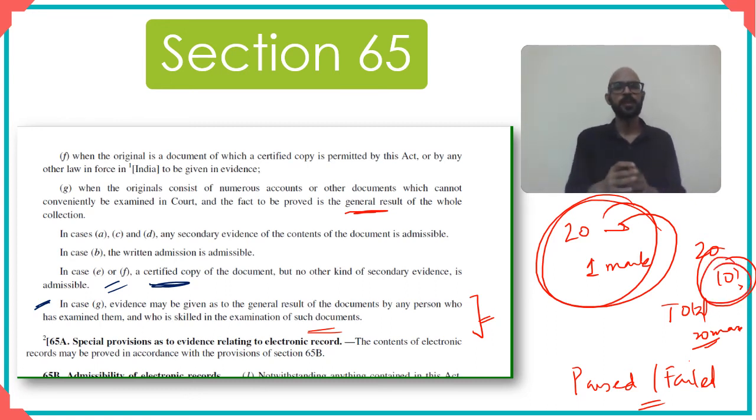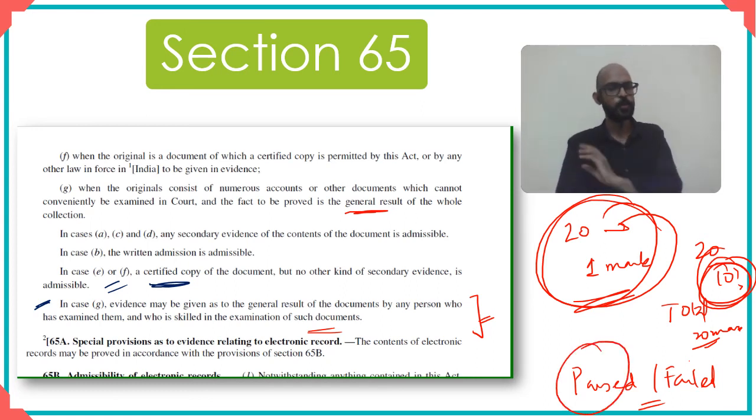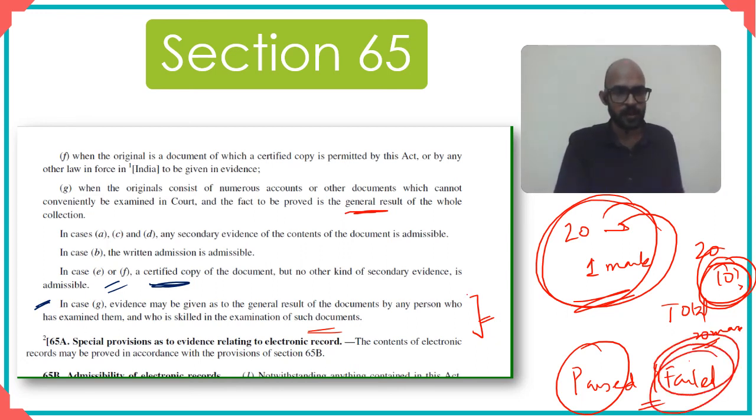So if the court cannot see all of these 20 assessments, I can just tell the court that this person has more than 10, so this person has passed. Or I can say this person would have got less than 5 or even less than 2, so this person has failed. So a general report can be given as far as all of the documents are concerned. I think it's quite clear what is contained in section 65 from A till G, and with that you get an idea of the cases in which secondary evidence can be given.